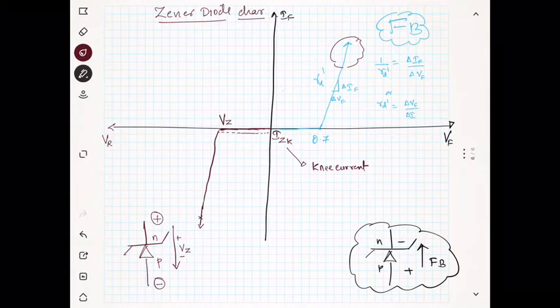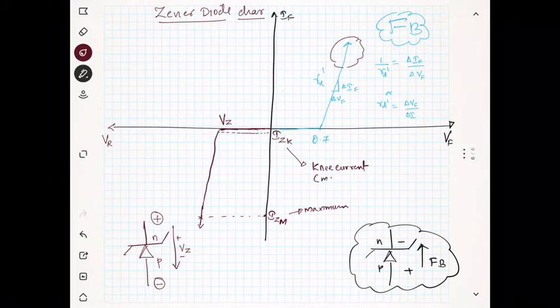Now if the current exceeds a maximum limit in the Zener diode, what will happen? The Zener diode will get heated and it will burn. So there is a maximum limit for the Zener diode current also. That is known as IZM, the maximum current. And this is the minimum to turn on the Zener diode in reverse bias.